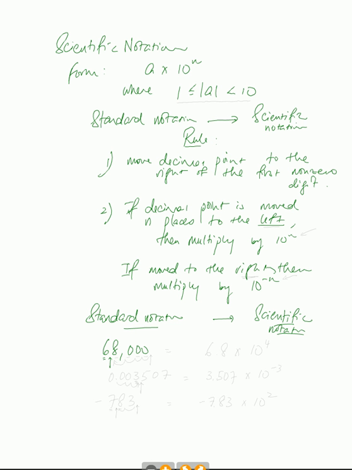Right now, the decimal point is way at the back, because it's a whole number. So you have to move 1, 2, 3, 4 places to the left. That makes the number 6.8 times, because it's to the left, 10 to the power of 4.